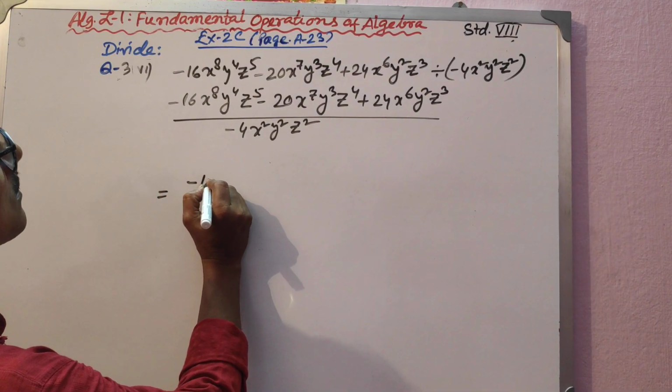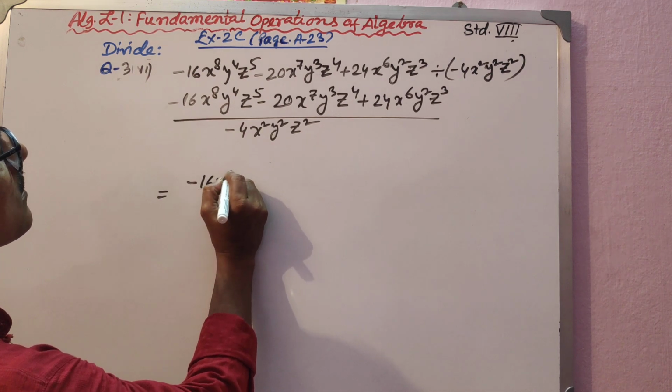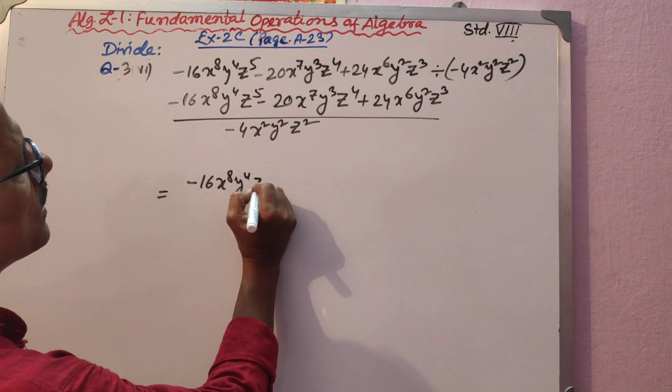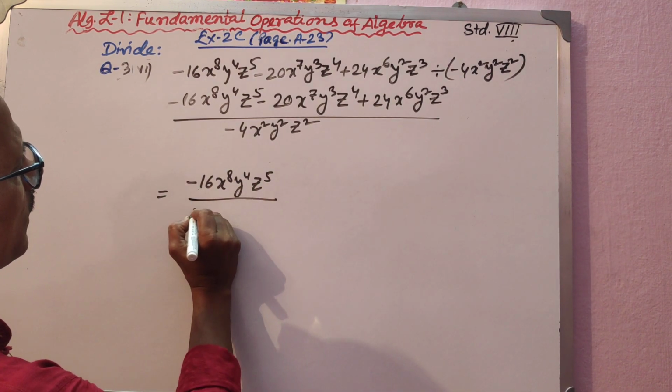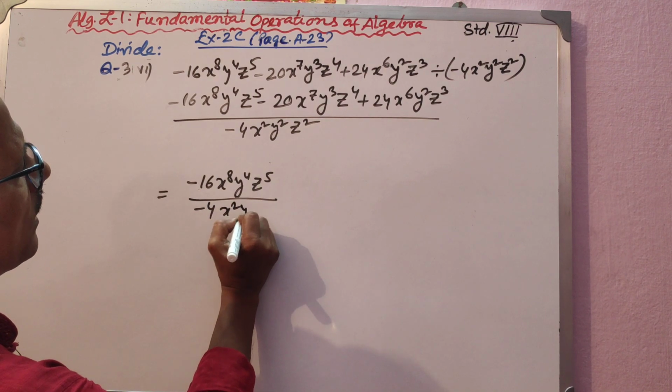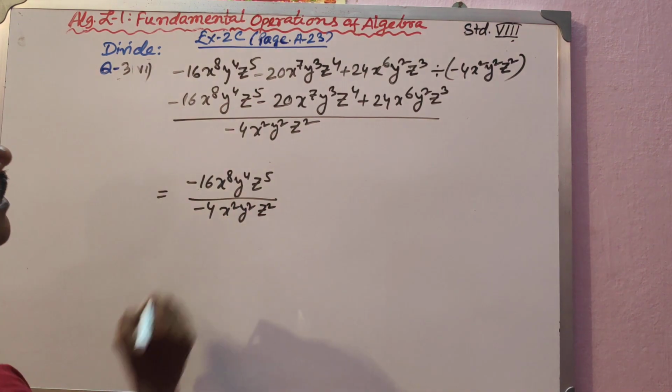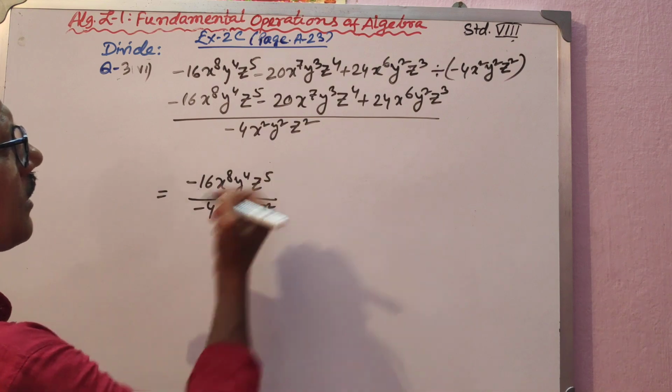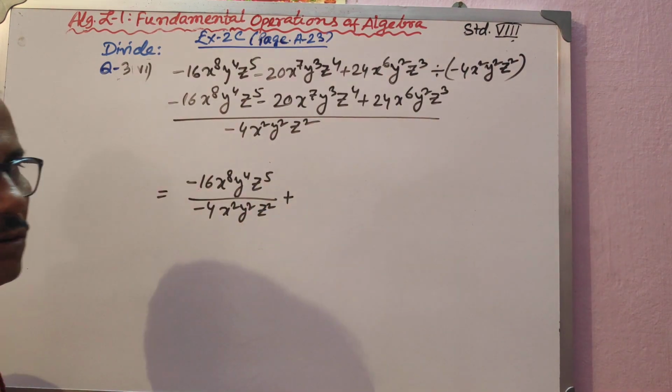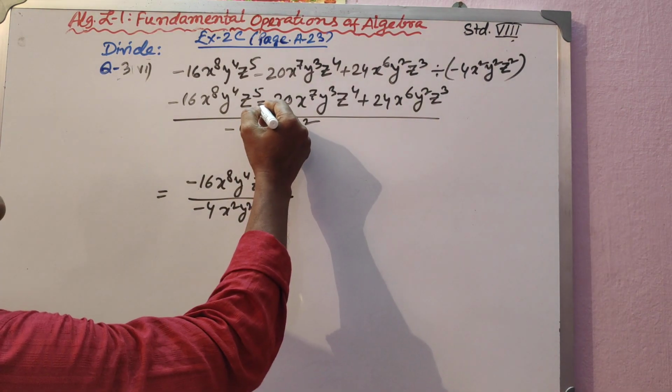So minus 16 x raised 8 y raised 4 z raised 5 divided by minus 4 x square y square z square. Now see, every term you do the plus sign, and don't change the sign.